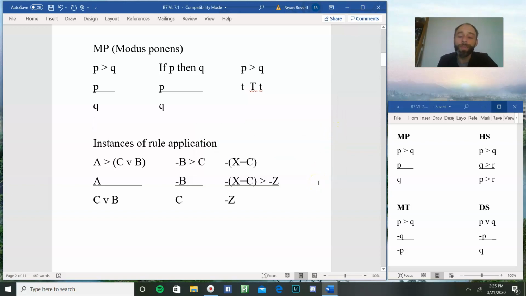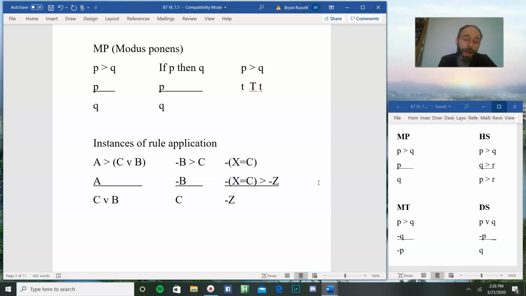So on the second line, we have a conditional statement. On the first line, we have everything that comes before the horseshoe, or if you recall, the antecedent. And if we're given the antecedent as true, then we know that the consequent has to be true if we're given that the conditional statement is true. So we have on the second line a conditional statement, a horseshoe as the main operator. On the first line, we're given everything that comes before that horseshoe.